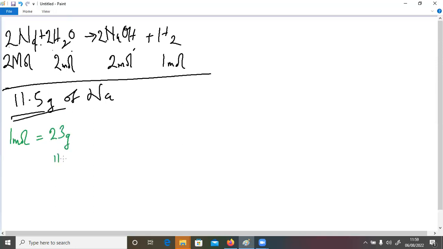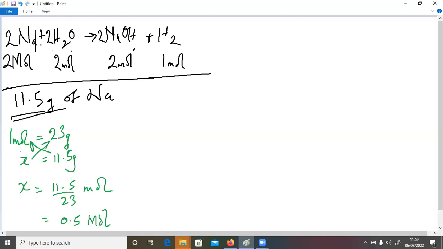So 11.5 grams is equal to how many moles? I will do that and you see that my X is equal to 11.5 over 23 moles. Once you divide it, you'll find it becomes 0.5 moles. All right, and which is what I wanted.